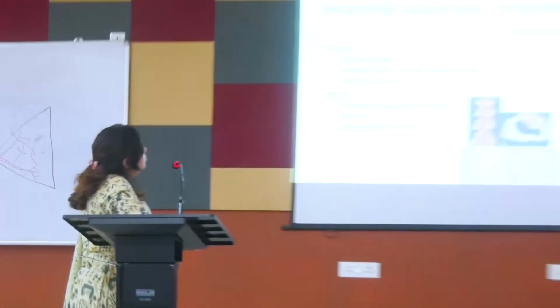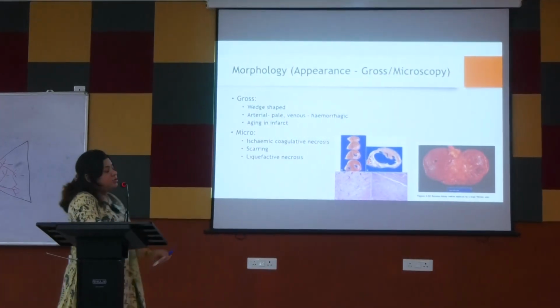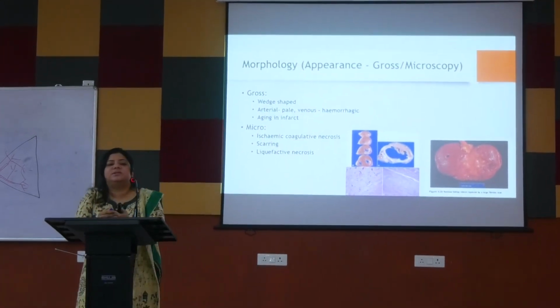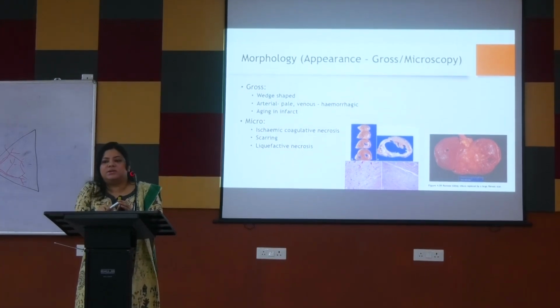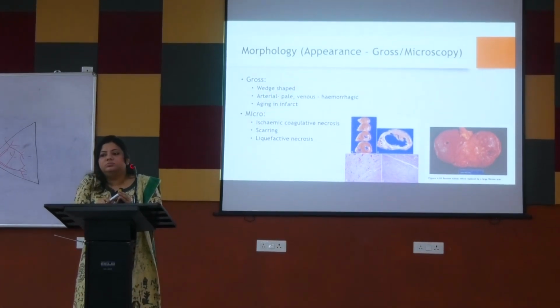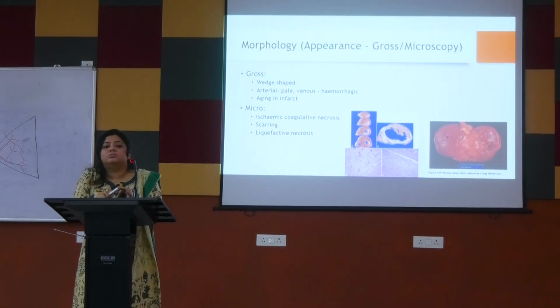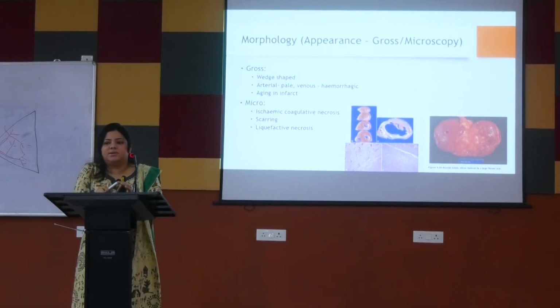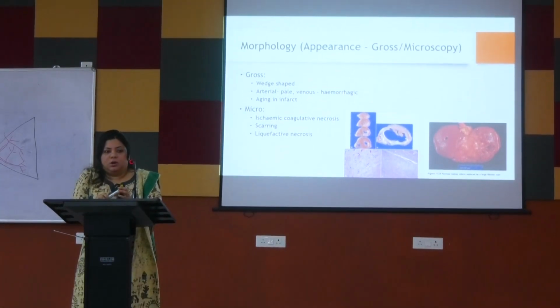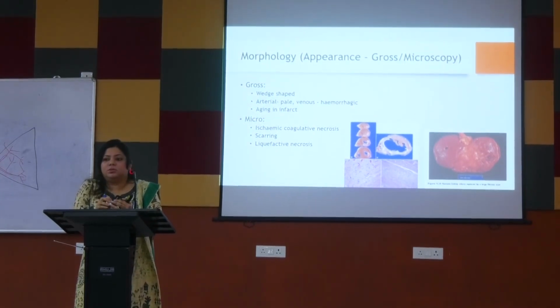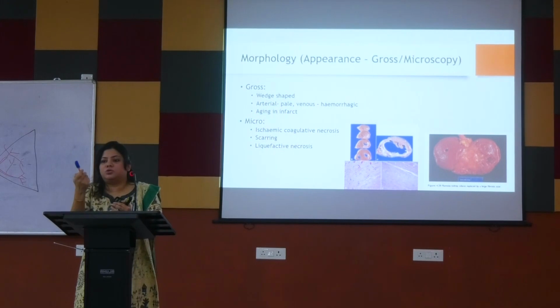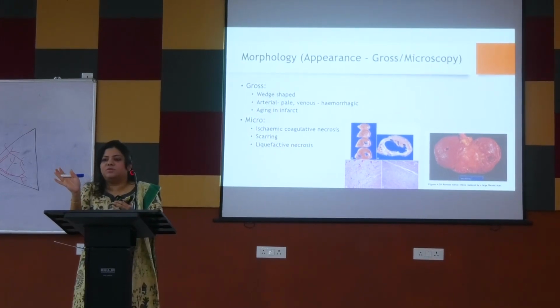And microscopic, ischemic coagulative necrosis. What is coagulative necrosis? What is meant by coagulative necrosis? You have already had this class. Not studied? One of you say, you tell me. Do you know coagulative necrosis?